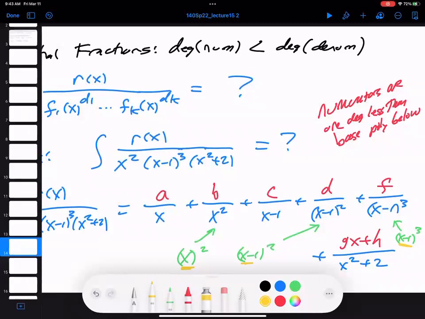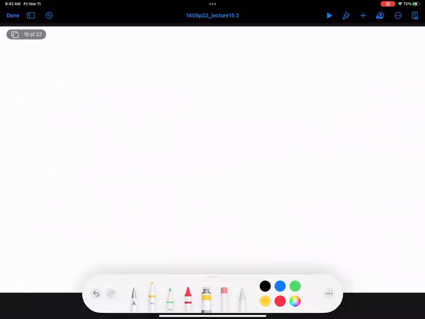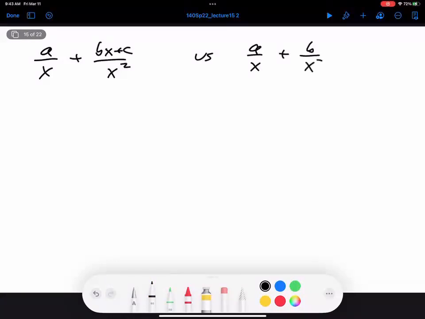Let's look at things a little bit more general. So let's say we want to compare a over x plus (bx plus c) over x squared versus a over x plus b over x squared. Because you might be saying, come on, I should really have bx plus c because it's an x squared.